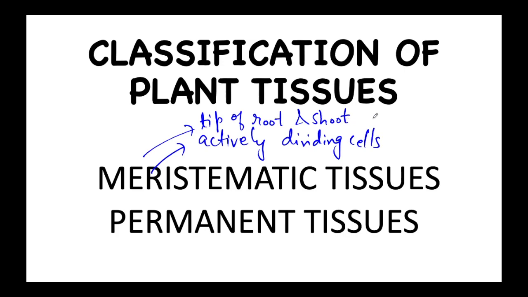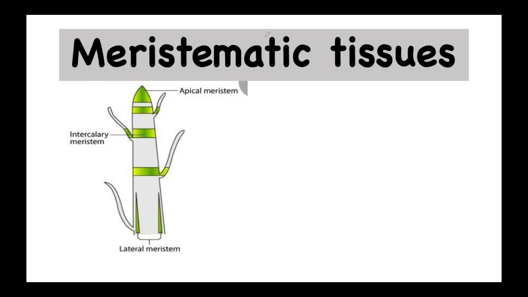Shoot means stem or leaf. When such cells stop dividing and attain maturity after a certain period of time, they transform into permanent tissues. As the name suggests, they are now permanent or fixed. They cannot divide further.